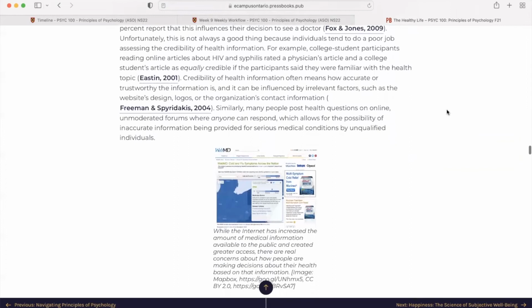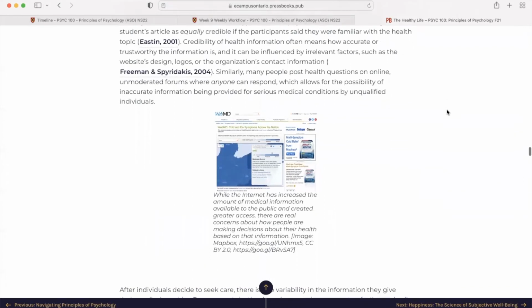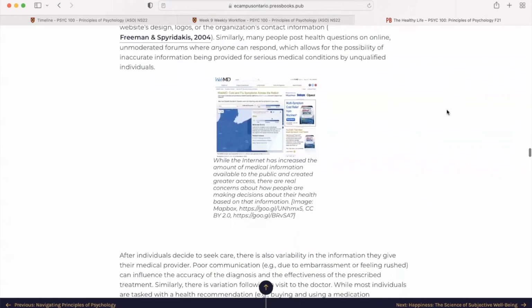Credibility of health information often means how accurate or trustworthy the information is, and it can be influenced by irrelevant factors such as the website's design, logos, or the organization's contact information. Similarly, many people post health questions in unmoderated online forums where anyone can respond, which allows for the possibility of inaccurate information being provided for serious medical conditions by unqualified individuals.